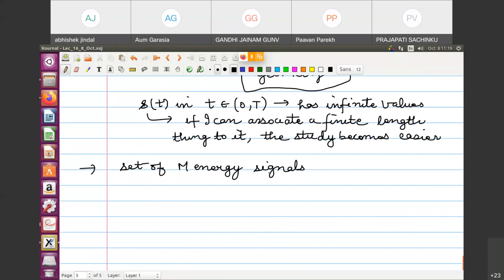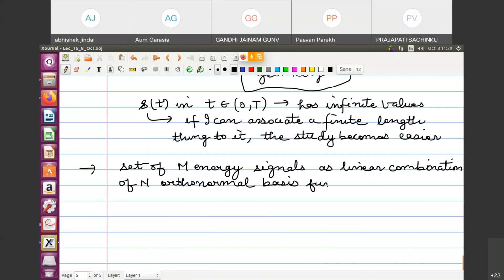So, a set of M energy signals, the purpose is to represent them as linear combinations of N orthonormal basis functions, where N is less than or equal to M.